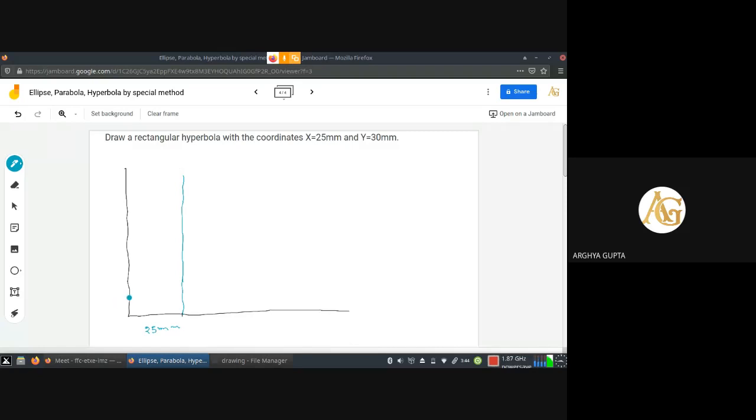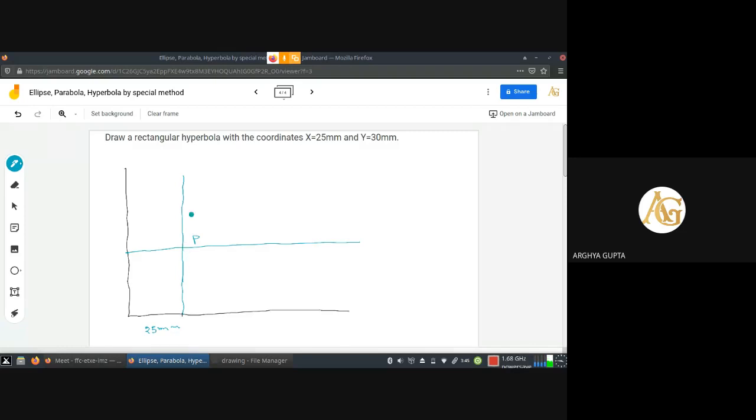And from the y-axis a 30 mm length will have to be taken, and from that point a horizontal line is to be drawn. So this point will be, let us say, P, one point of the rectangular hyperbola. So the rectangular hyperbola will go through the point P.